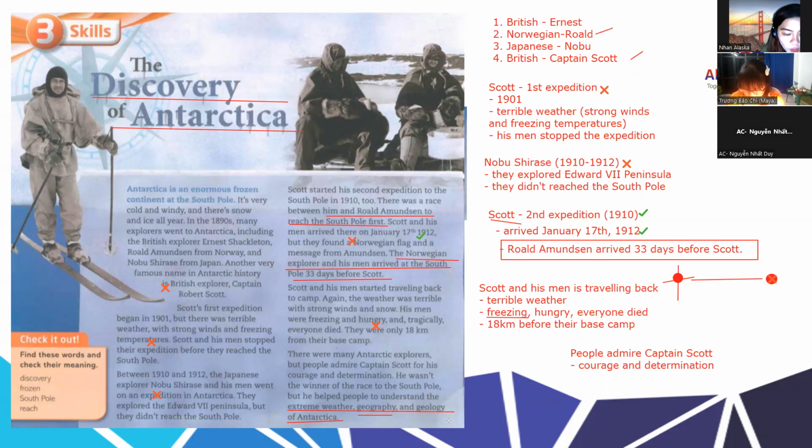Actually, when you say geology, it is like a study about the earth. Particularly with this one, we are referring to the country itself, Antarctica. So the geology or the geography is somehow the same. It is the study about a specific place, like in this case Antarctica. It's snowy, it has a lot of ice.